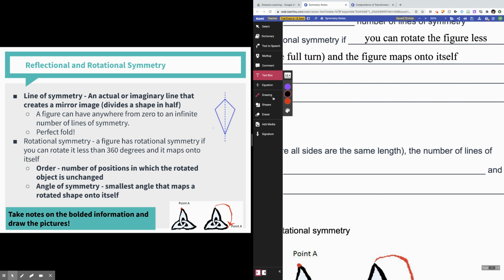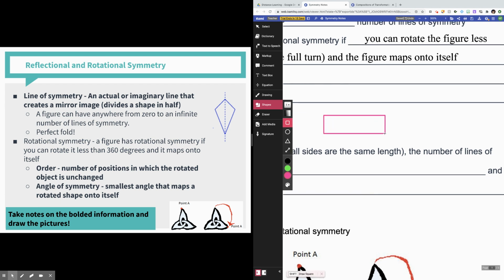Okay, so I am going to draw just a rectangle, and then I'm going to put a dot inside of it.